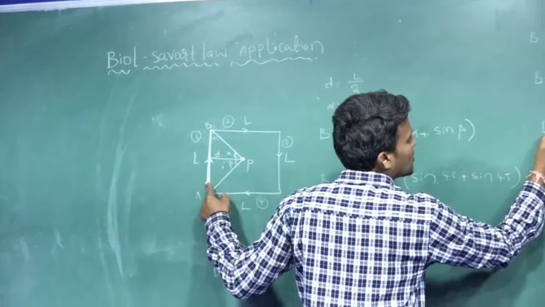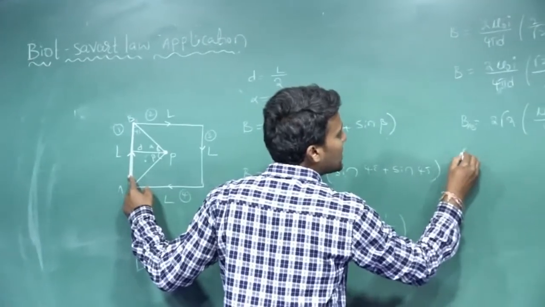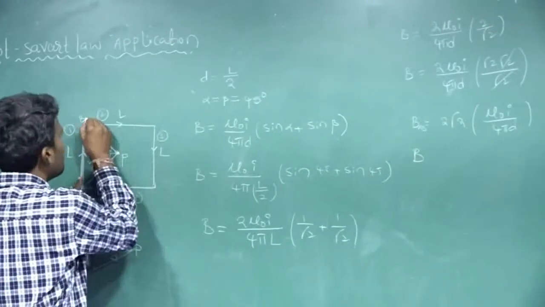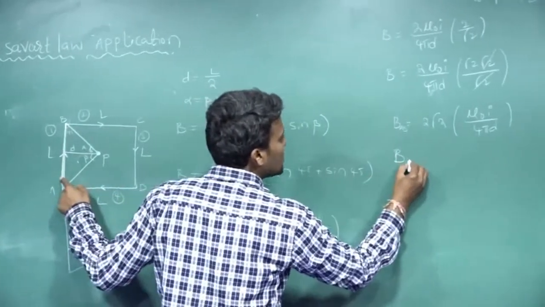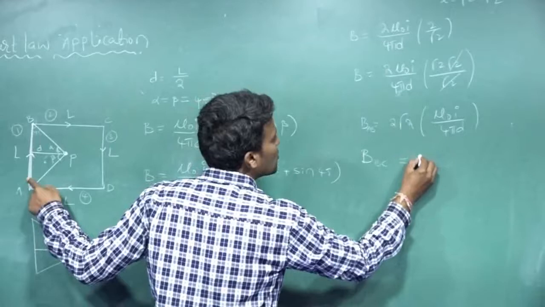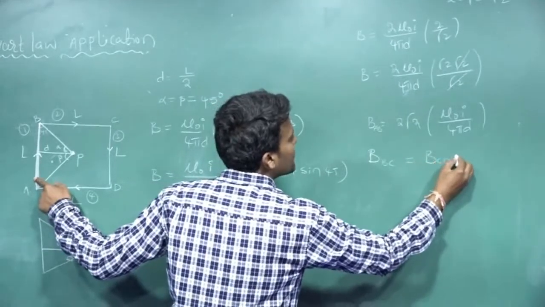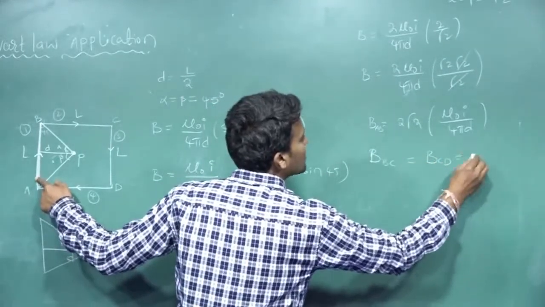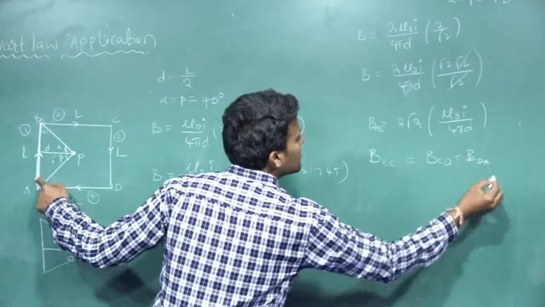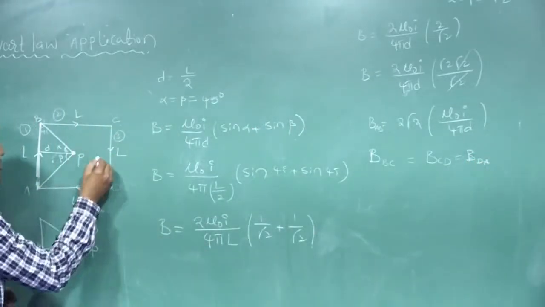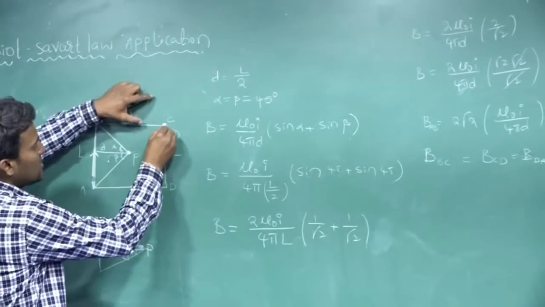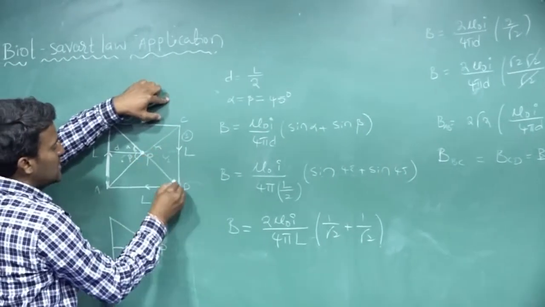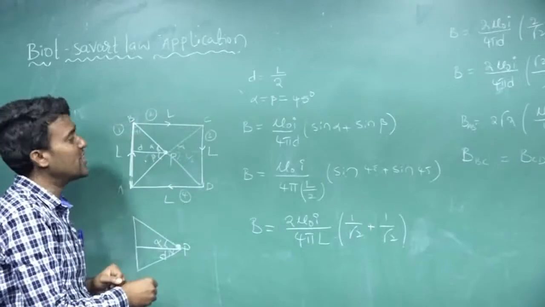Okay. Along the AB. See here, this is A, B and this is C. If I am taking BC, that is equal to the magnetic field along the CD, equal to the magnetic field along the DA. See here, from here to here, the distance is L by 2. For CD, angle alpha and angle beta are 45 degrees, 45 degrees.